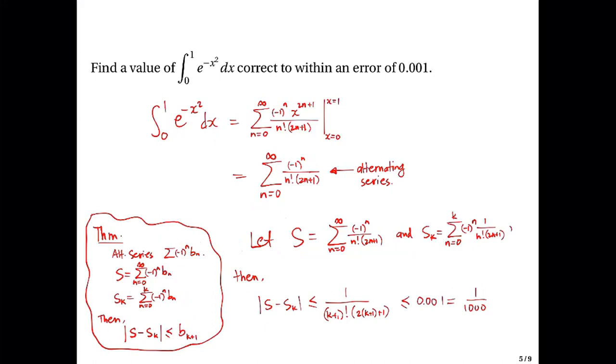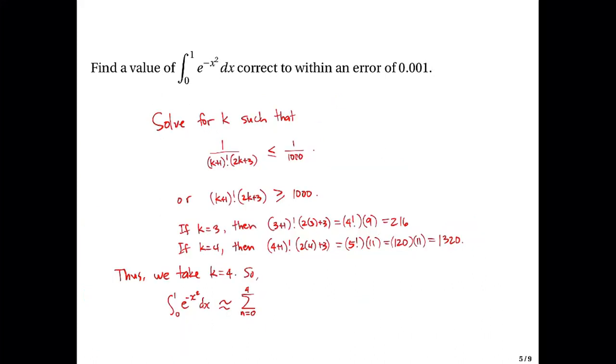That's your s sub k, so we need s sub 4 of negative 1 to the n over n factorial times 2n plus 1.